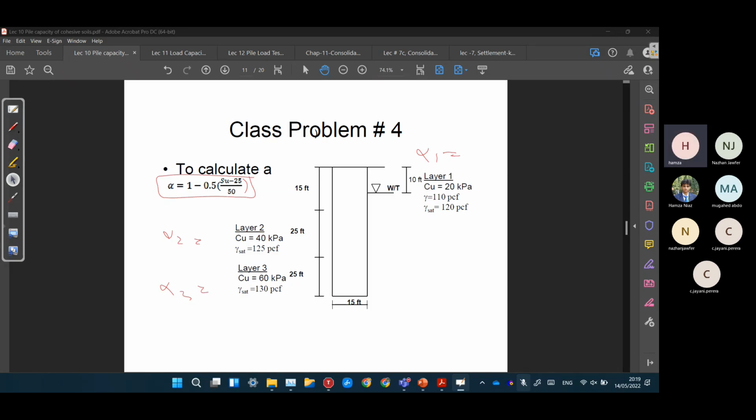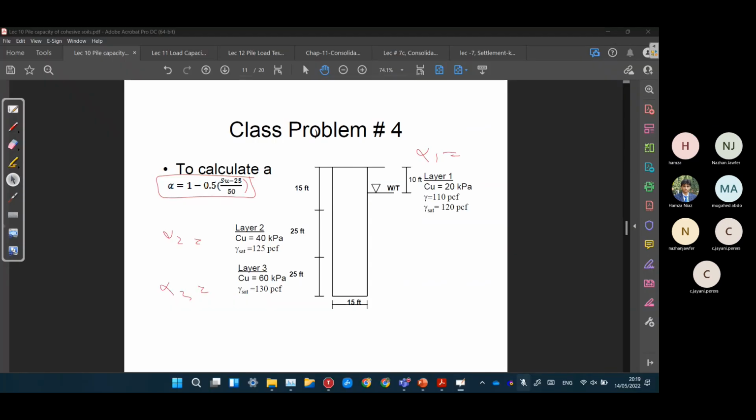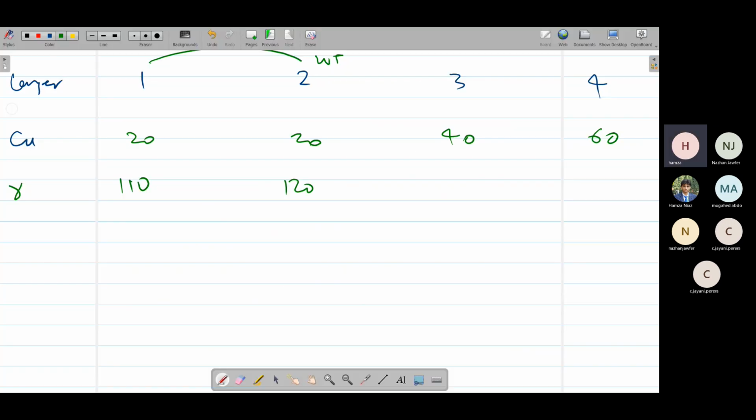Gamma is 110 for the first layer, 110 for the second, and gamma saturated is 120, 125, 130. So we find gamma submerged for the layers below the water table. The first layer is above the water table, so it remains the same.